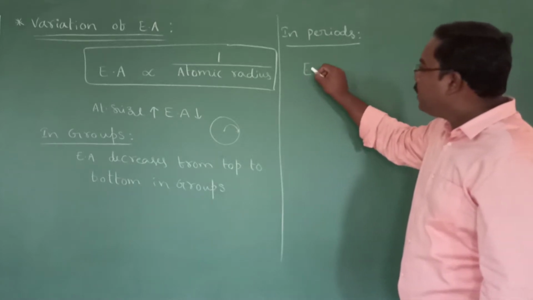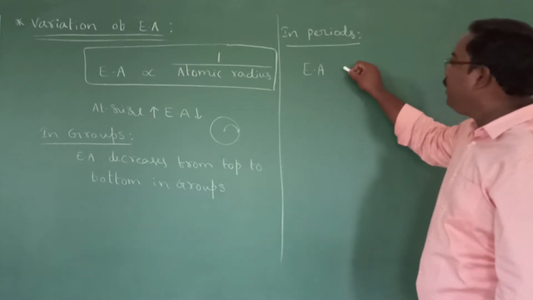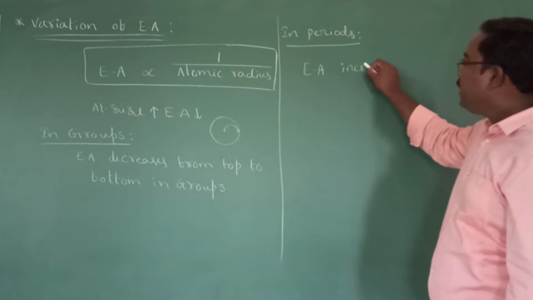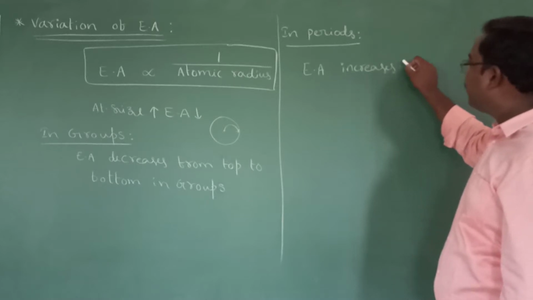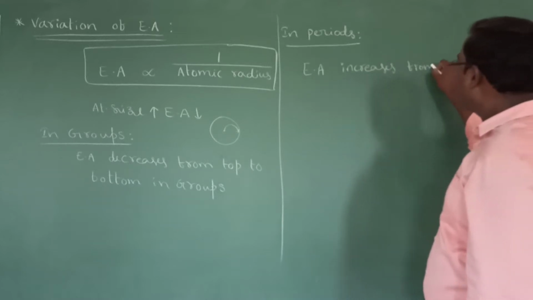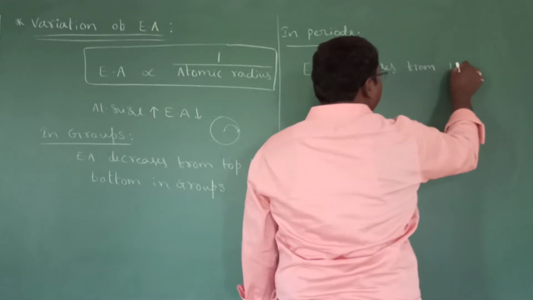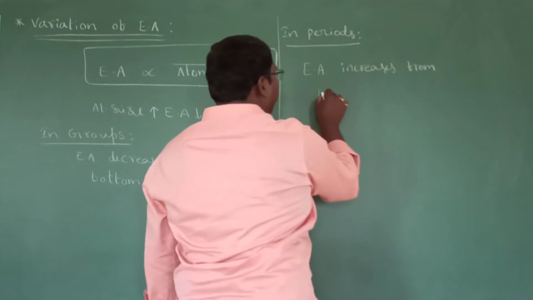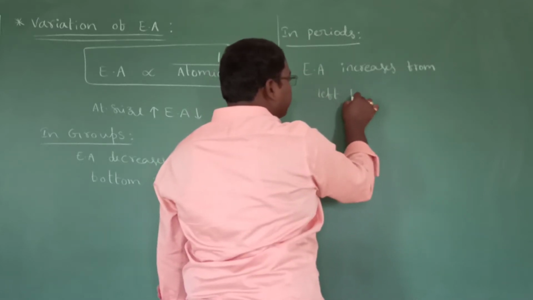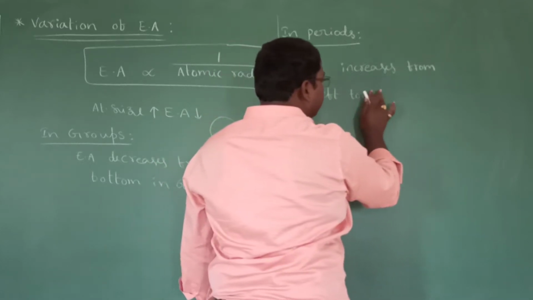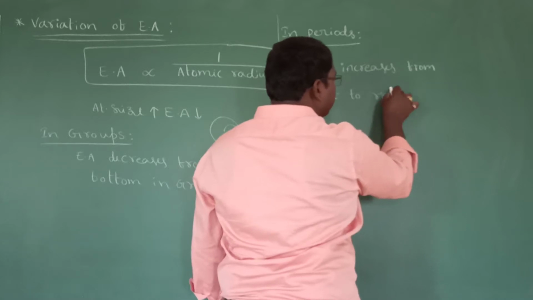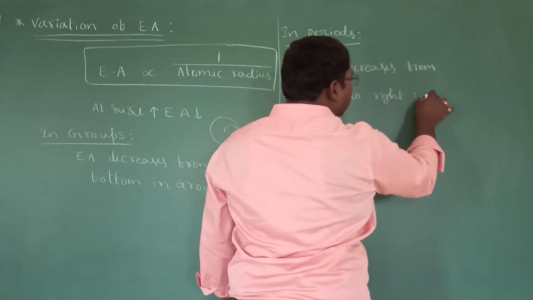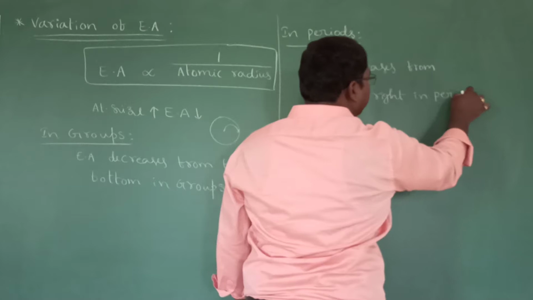So because of that, electron affinity increases from left to right in periods.